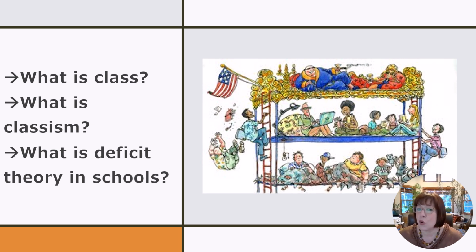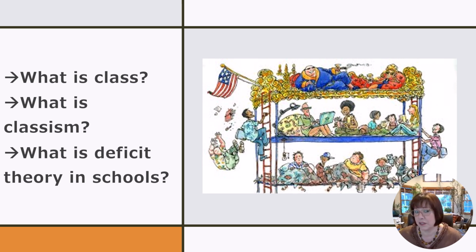Class is shaped not only by material possessions or income, but also by social networks and knowledge. Our sense of class impacts us emotionally and personally, not just financially. It shapes our self-perception and how we relate to others.